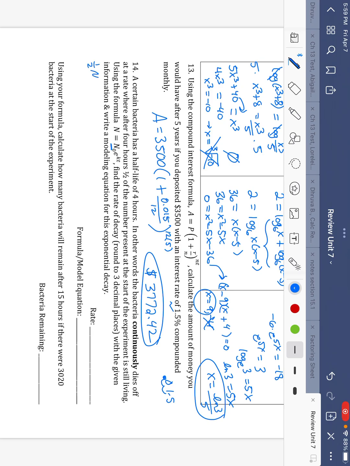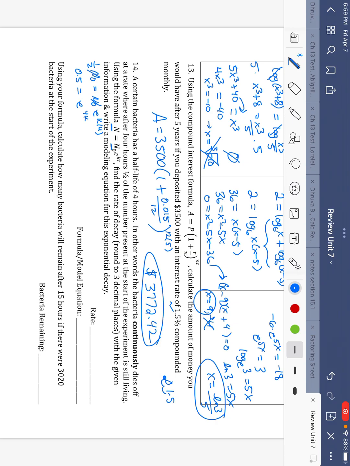So I have 1/2 of n0, so that's what I'm going to end up with when I have n0 to start, the initial amount, e to the k I don't know, but my time is 4 hours. All right, so these n0s cancel out. So I have 0.5 equals e to the 4k.